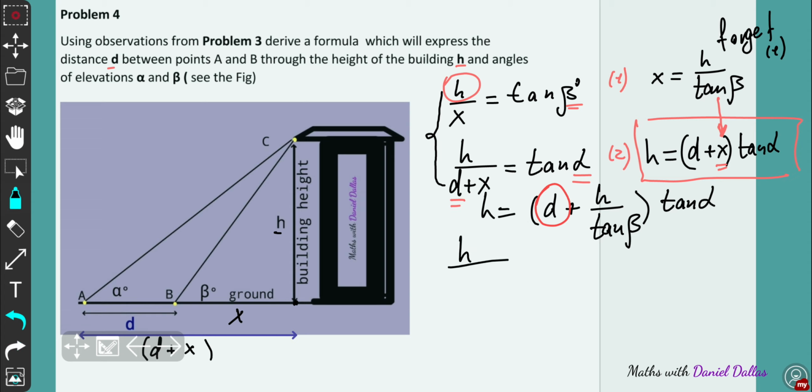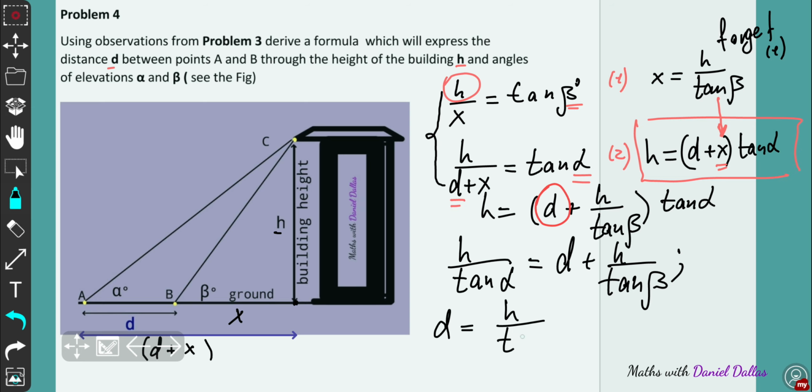So it's going to be H over tangent alpha, and that is going to be D plus H over tangent beta. That was tangent alpha, and this is tangent beta. All right, so next we just eliminate H over tangent beta from both sides. So that's how we can express the distance. So D is going to be equal to H over tangent alpha minus H over tangent beta.